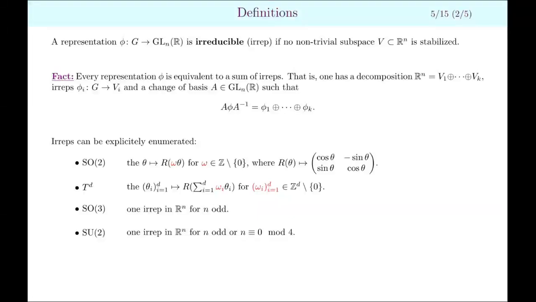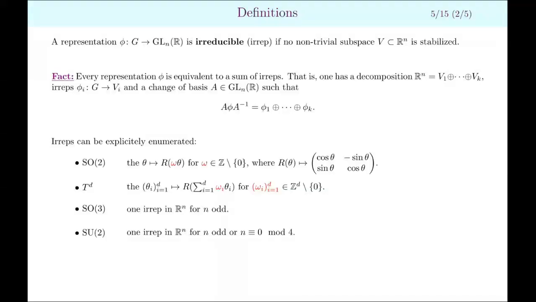For the torus, it is the same thing, but you have D coordinates, and you apply a rotation to a linear combination of these coordinates, where you now have the frequencies, called weights. For SO3, you have only one irrep in each odd-dimensional vector space. And for SU2, same thing, but in addition, you also have an irrep for each dimension multiple of 4. All right.